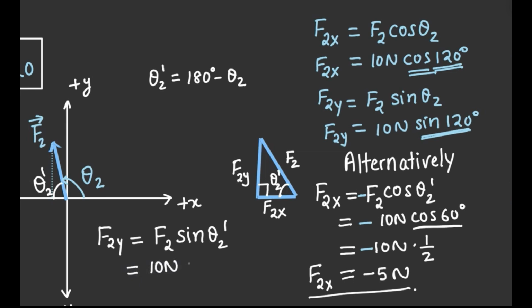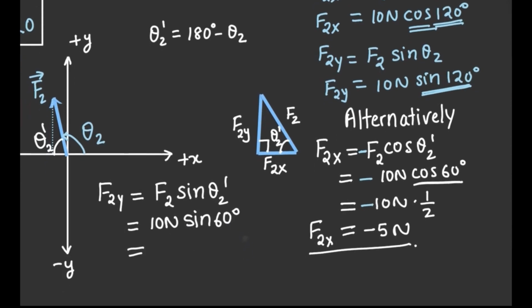f2 is 10 newtons times sine of 60 degrees. Sine of 60 degrees is a positive number, and we know that f2y should be a positive number. So we do not have to insert a negative sign here by hand like we did in the case of f2x, where we had plugged in this negative sign.